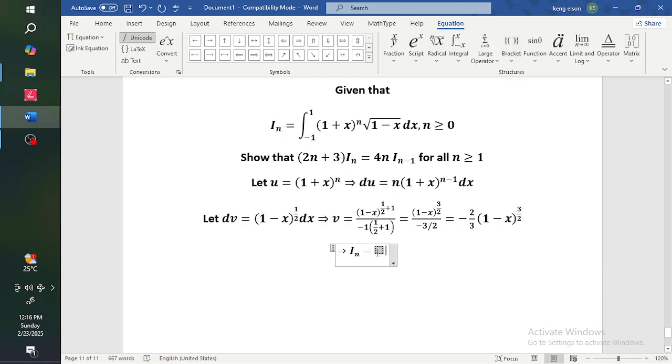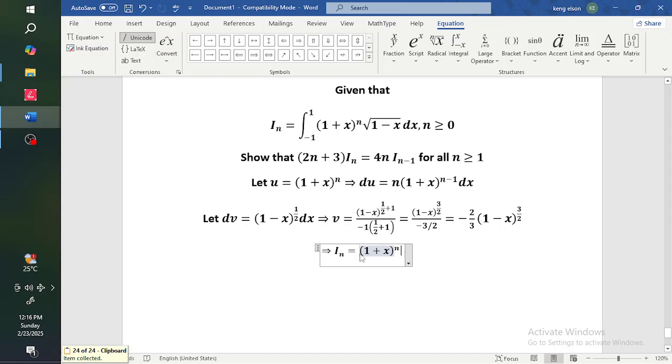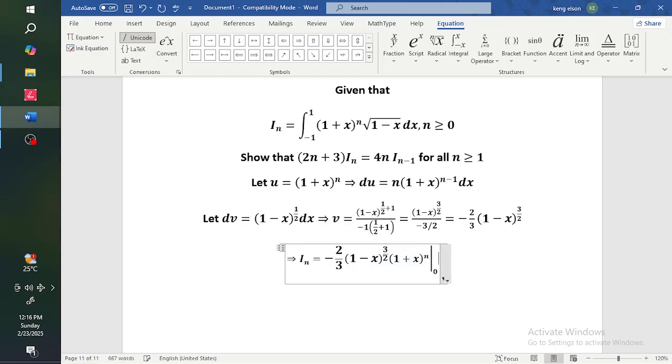So uv, what is u? u is (1 plus x)^n. What is v? Because it is uv, this is my v, so I'll just put the v here. Then our bounds are from 0 to 1.